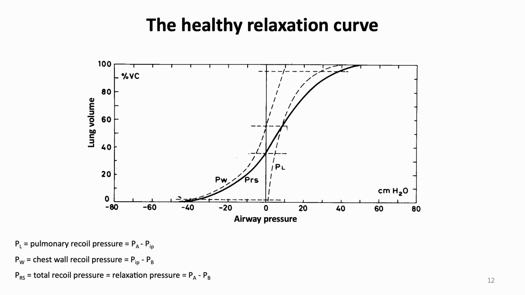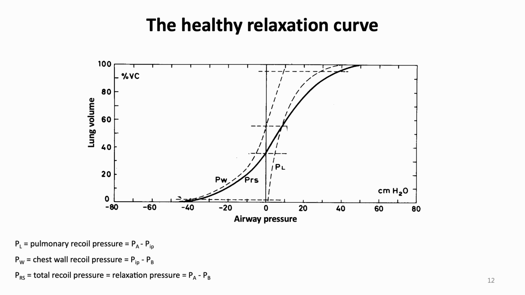And on this graph, you can see the solid line here, and that is the airway pressure for the respiratory system as a whole. That's also what we call the total recoil pressure, or the relaxation pressure of the respiratory system.